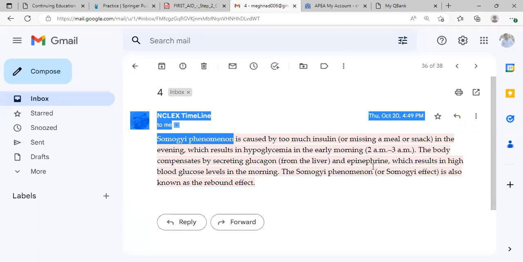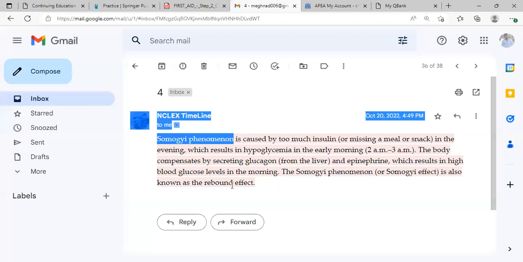Glucagon metabolizes, and blood sugar goes down, and the patient presents with hypoglycemia, which results in a high blood glucose level in the morning. The Somogyi phenomenon is also known as the rebound effect.